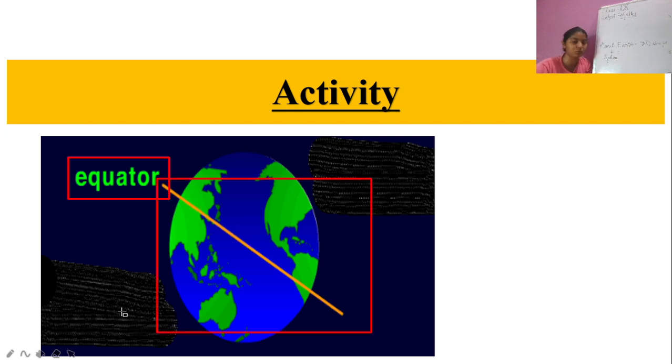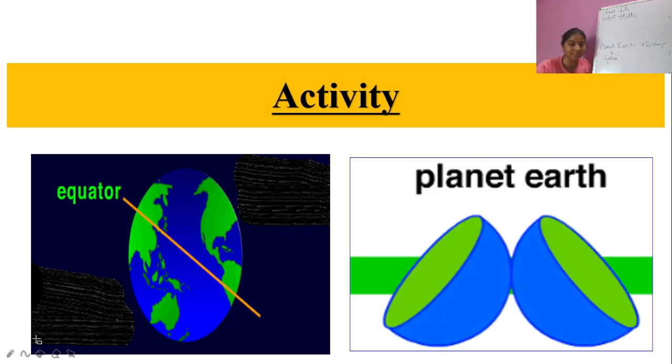Suppose I want to cut this planet into two pieces. What is going to happen if I cut it from between? Let's see. The planet, our earth, is being cut into two pieces.